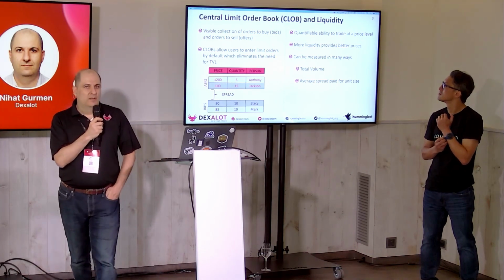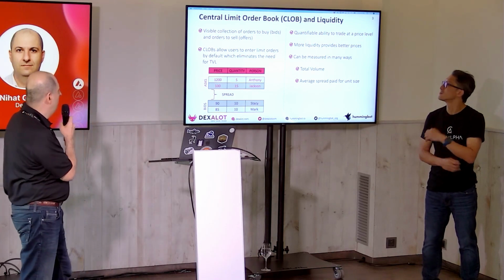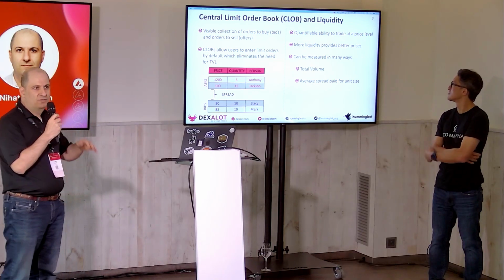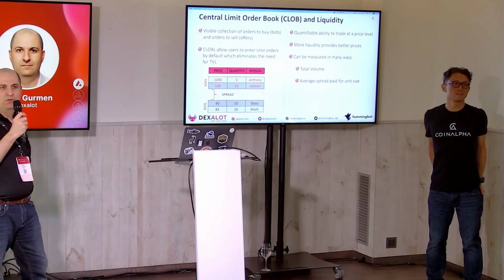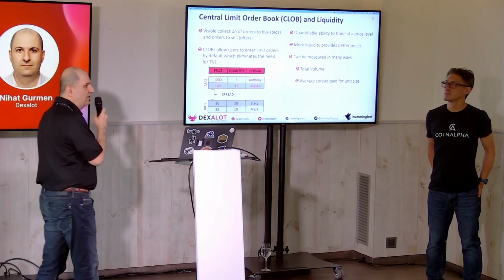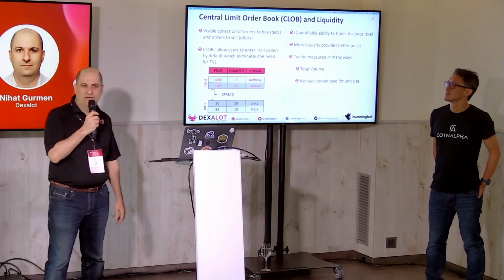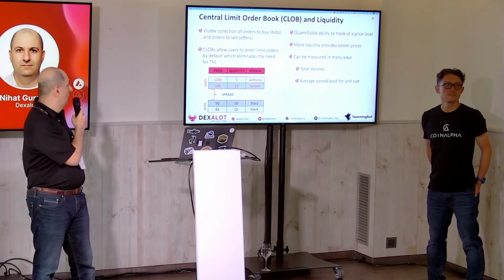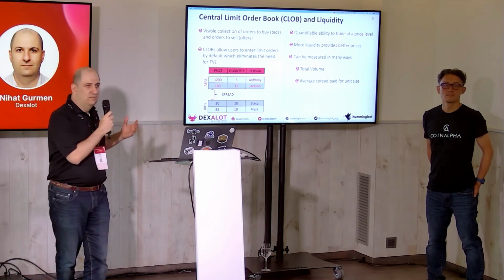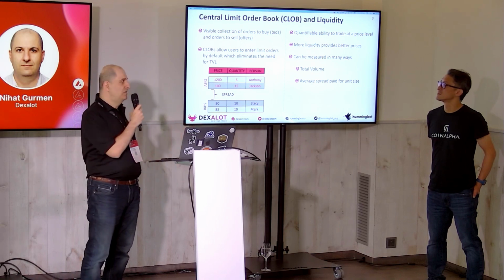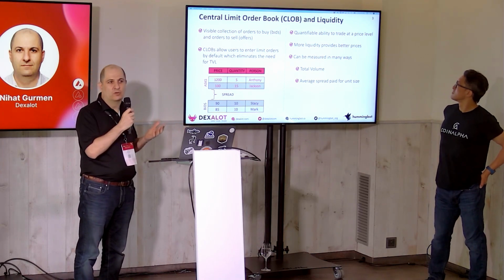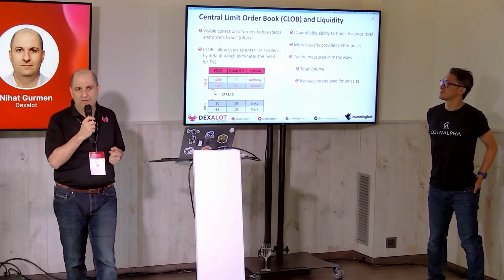So let's go over a few terms first, so we can standardize the language we will be using. Dexalot is a central limit order book based exchange. A central limit order book is a visible collection of buy and sell orders, right?